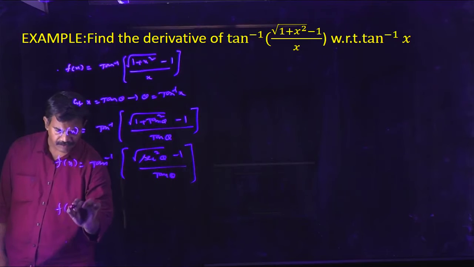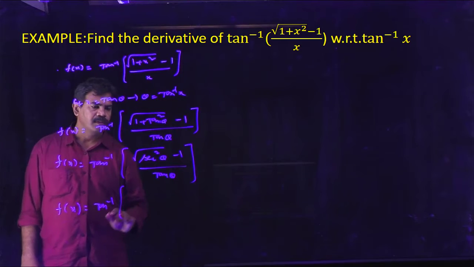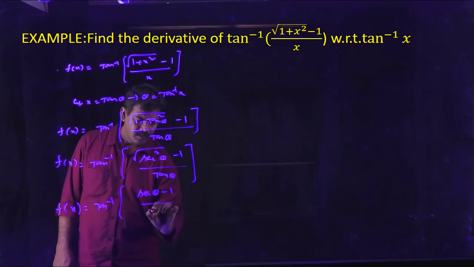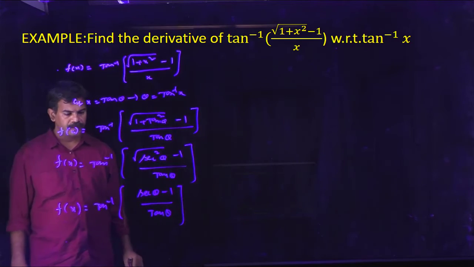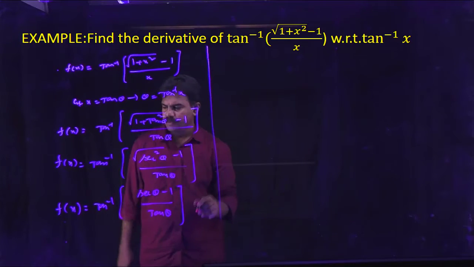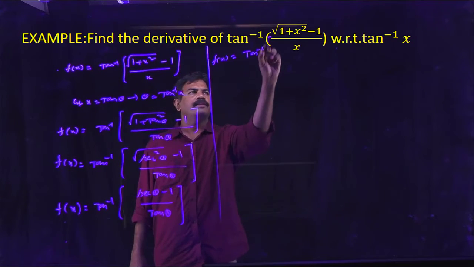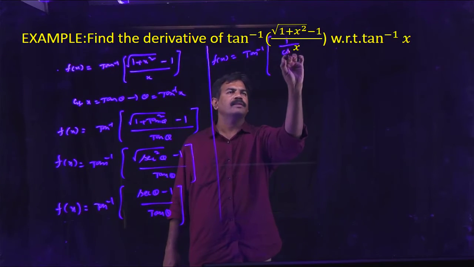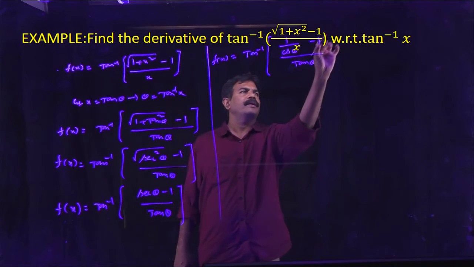That is f of x is equal to tan inverse of root of secant square theta, that is secant theta minus 1 by tan theta. F of x is equal to tan inverse of, we know that secant theta is equal to 1 by cos theta, minus 1 by tan theta.